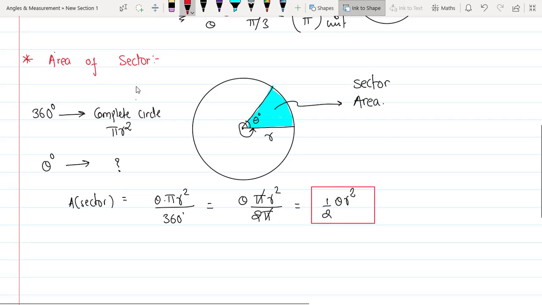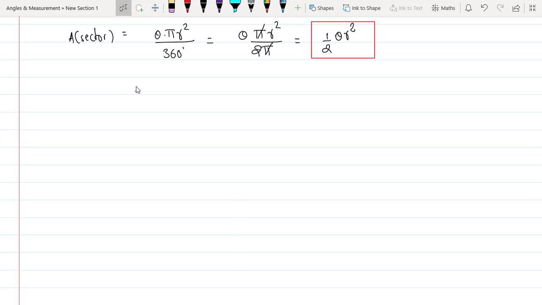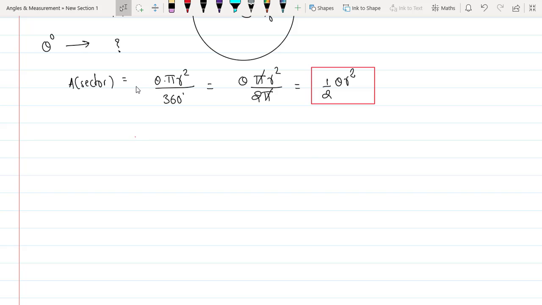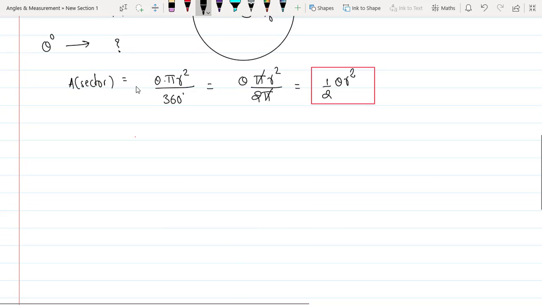Is it okay, everyone? Yes sir. So do not try to mug up the formula. Understand the way we have the relation between the area of sector and the arc length. I will write both the formulas now.